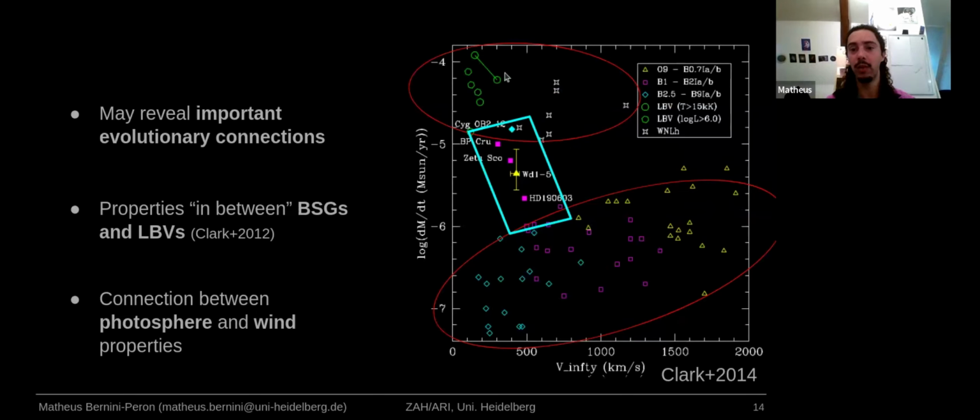And here we have WN, so Wolf-Rayet, and LBV stars. And you see that the B hypergiants populate right here in between, almost like bridging these two groups, which is quite interesting and important for us to understand the physics driving and shaping the winds of these objects.